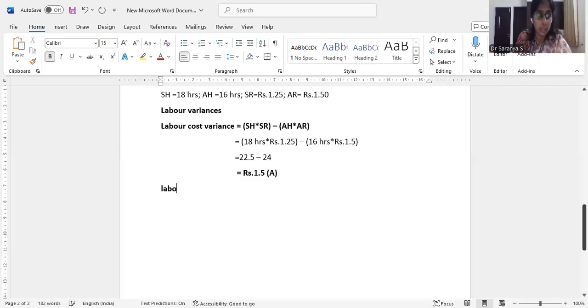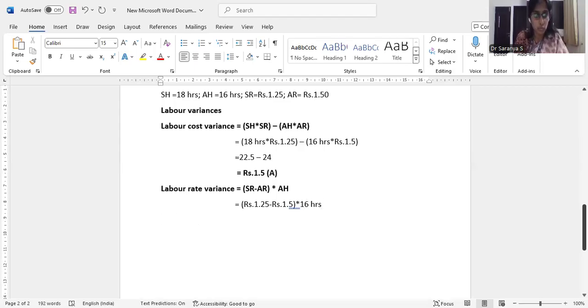Now the next one, labor rate variance. Here the formula is SR minus AR into AH: standard rate minus actual rate into actual hours. Standard rate is rupees 1.25, actual rate is 1.5, into actual hours, which is 16 hours.